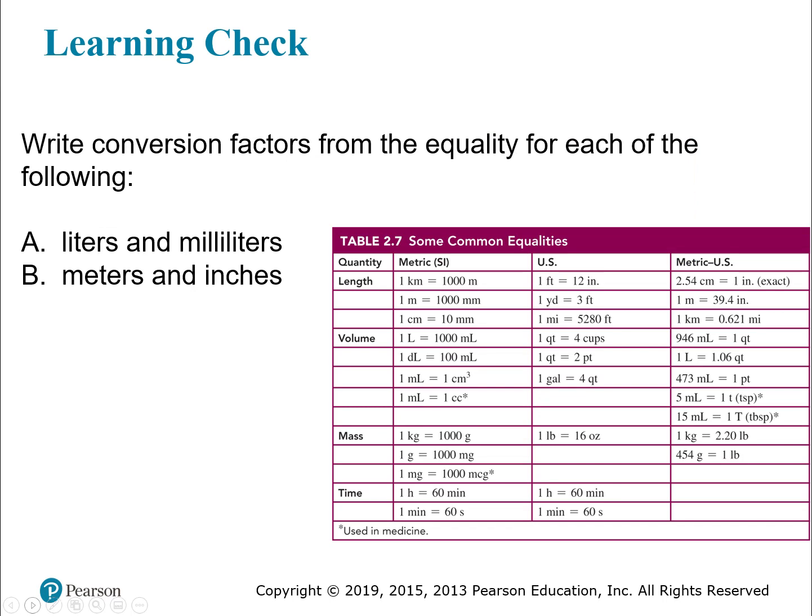I want you to write conversion factors from the equality for each of the following. We've got liters and milliliters, and then meters and inches, okay? Liters to milliliters. Now you may be able to find some of these directly on the chart. For example, 1 liter is equal to 1,000 milliliters. Then we've got meters and inches.